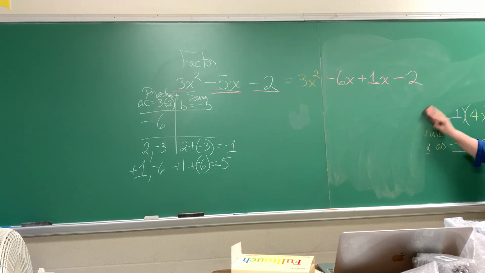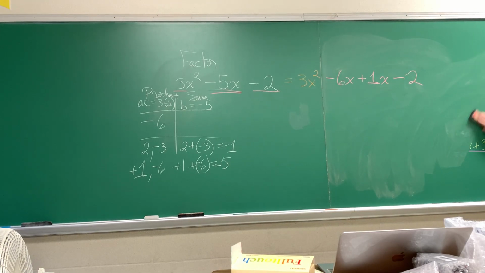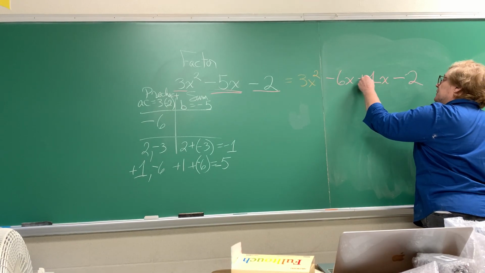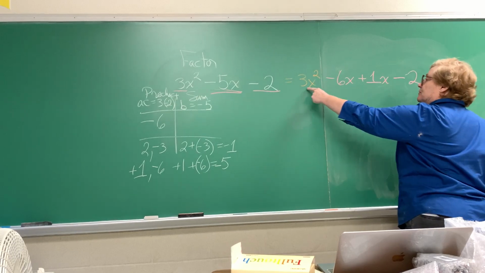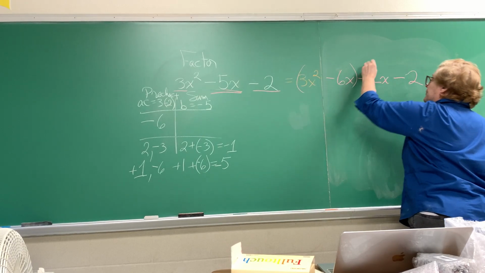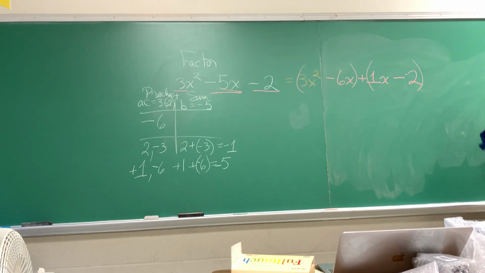And why did I put the -6x first? It has a negative. In fact, we're gonna do this one both ways and see if it really is easier. So we can put grouping in here without doing any extra work.